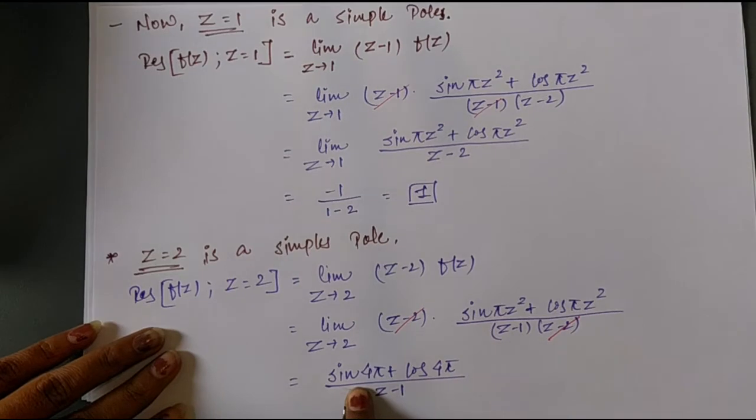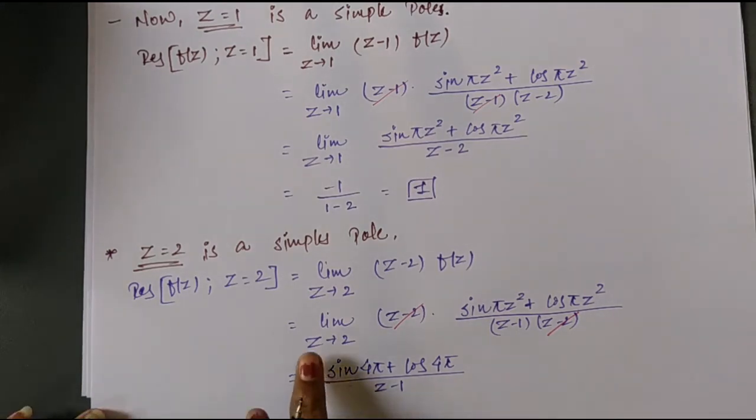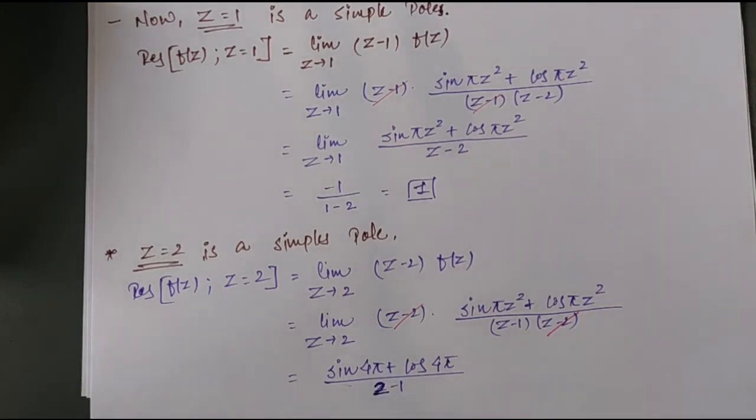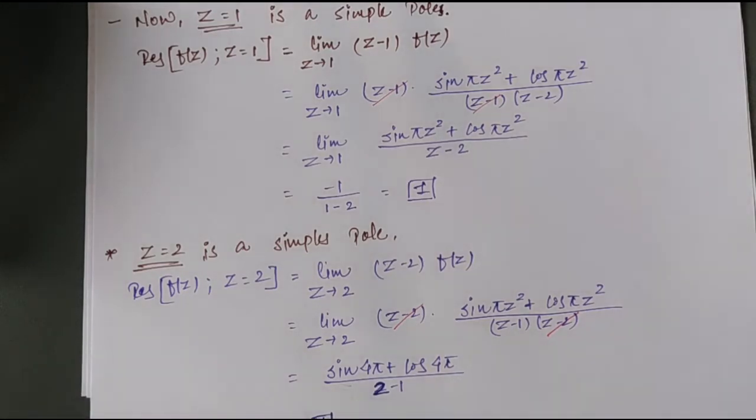So this one will be 0, this one will be cos 4 pi. What will be cos 4 pi? You have to write its value, and also you have to put z equals to 2 here. So here I am directly writing 2 minus 1, and cos 4 pi is 1. So definitely its value will again be 1. So now we have just found the residue of both the simple poles.